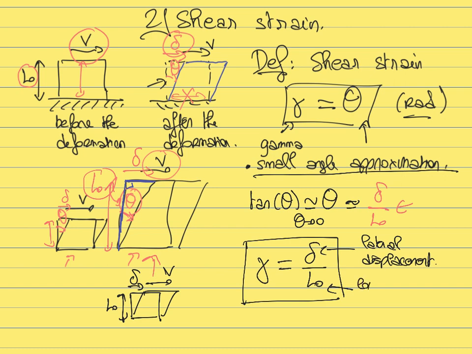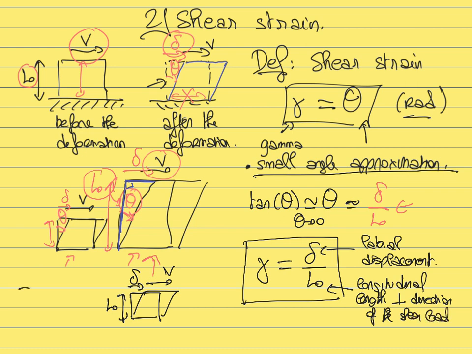This is the longitudinal length of the beam, the length that is orthogonal to the direction of the shear load that is applied on this beam.